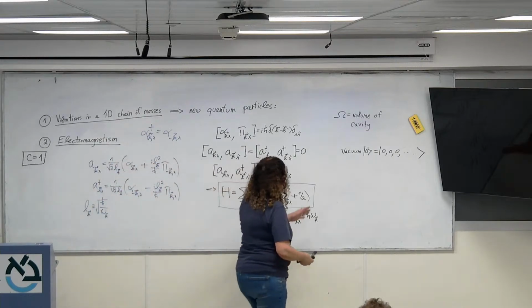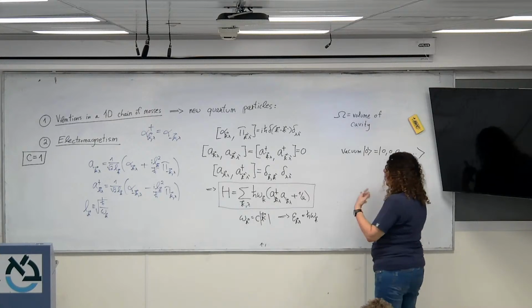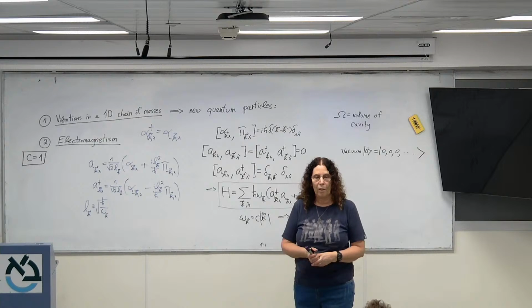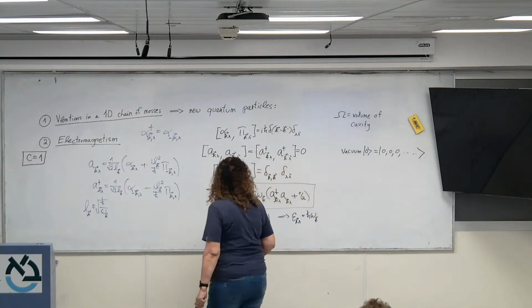But above this vacuum, I can create electromagnetic fields by adding photons. How do I do it?